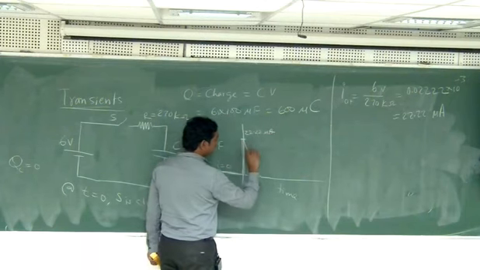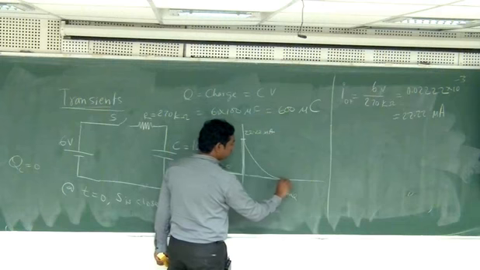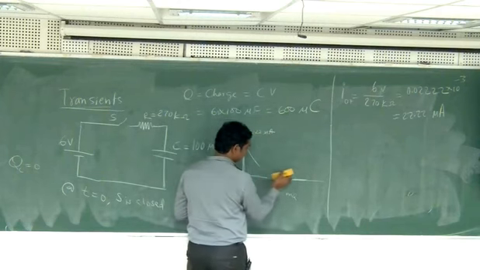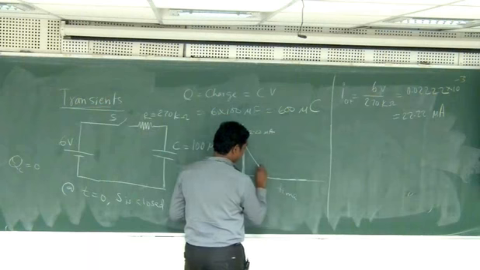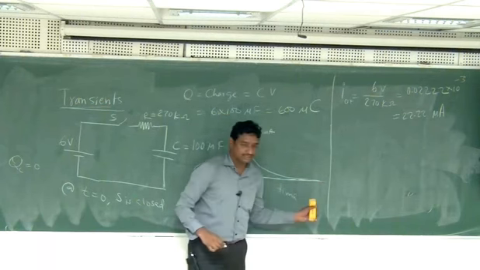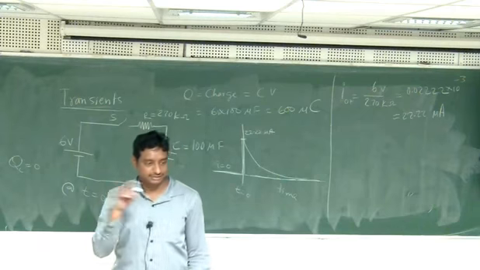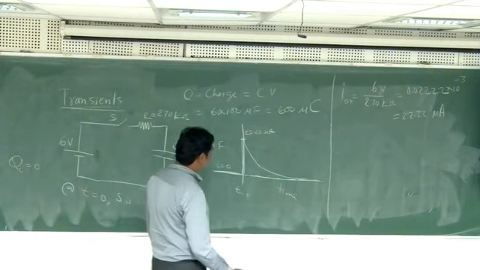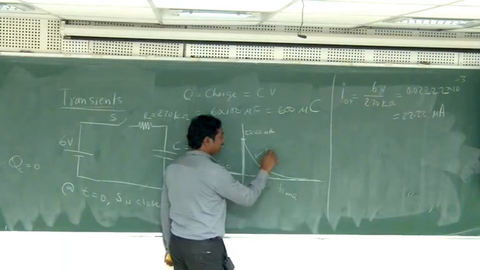Then it will gradually decrease and become close to 0, something like this. At t equal to infinity, current actually becomes 0, but otherwise some current keeps on flowing. Somebody already mentioned this is an exponential curve.